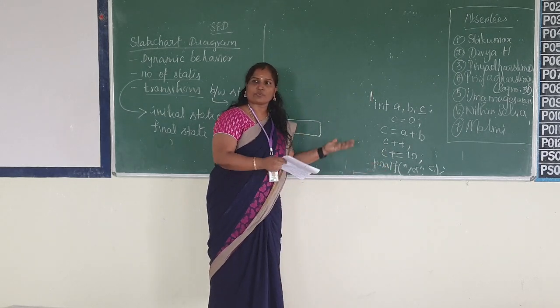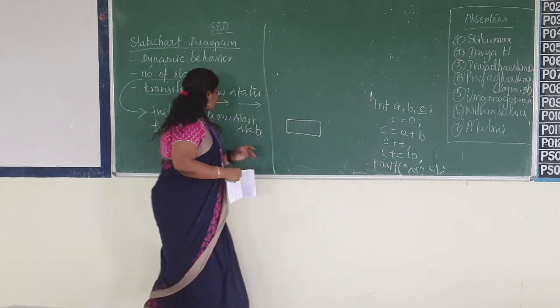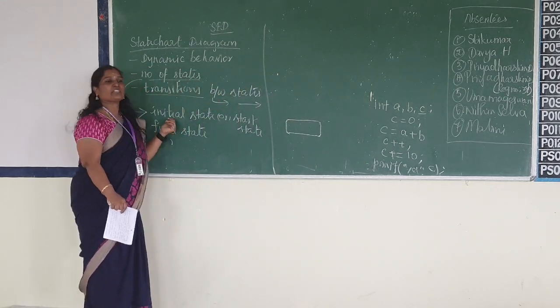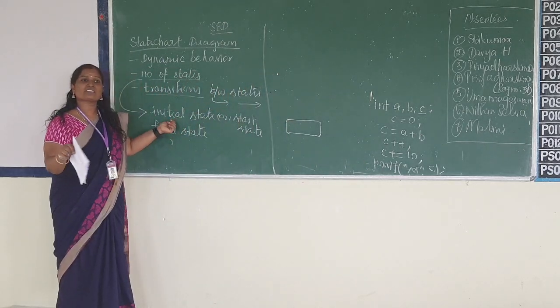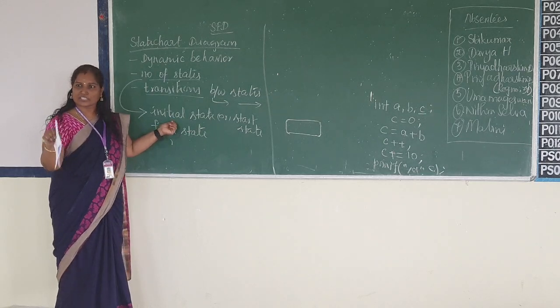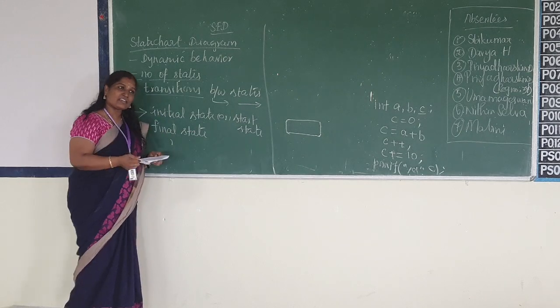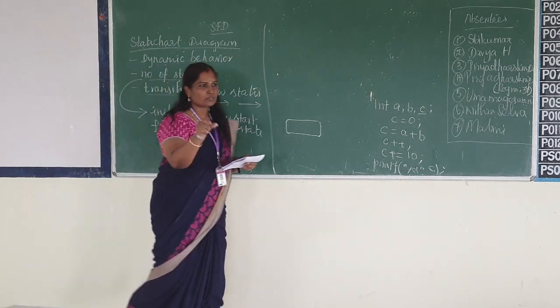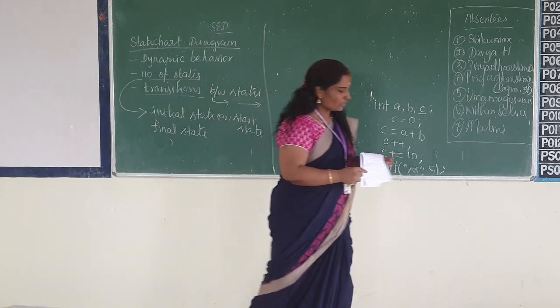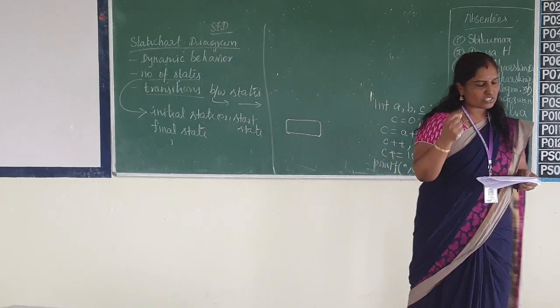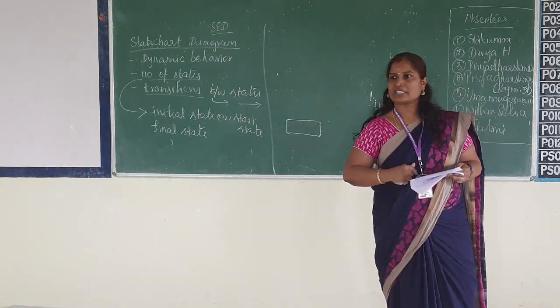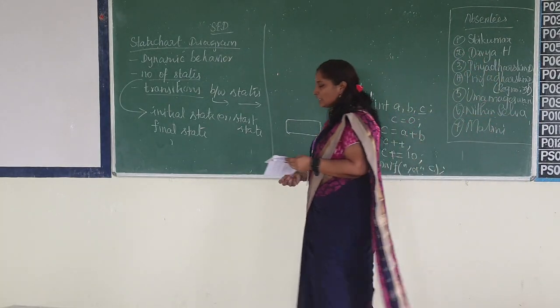The final state will be displayed over there. So the start state is initially when the process has not yet started, where the object is. When it has finished, the state of the particular object is called the stop state or final state.